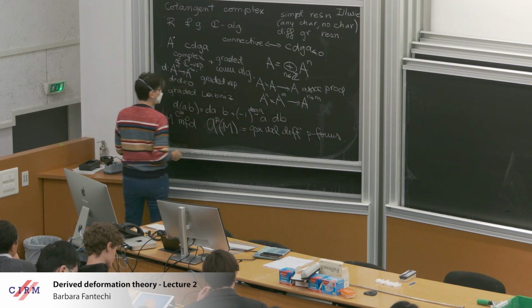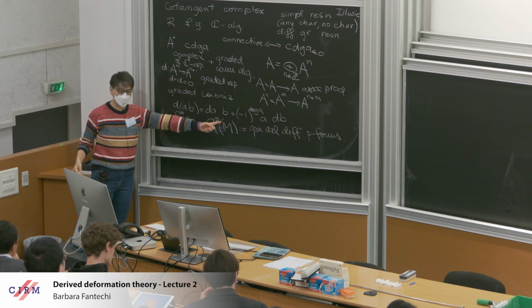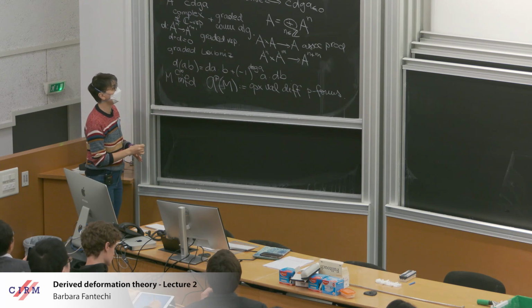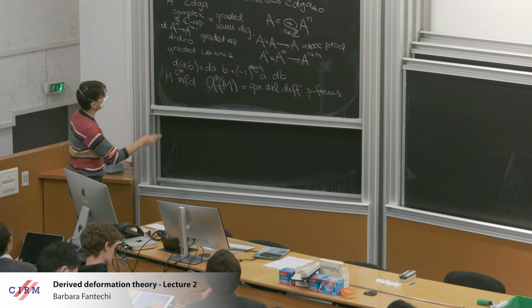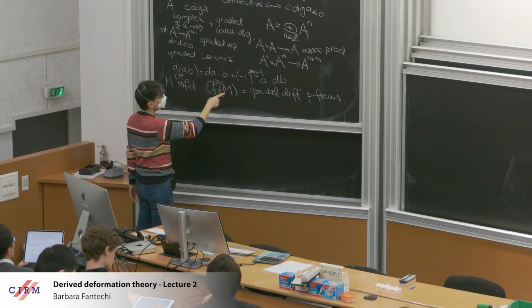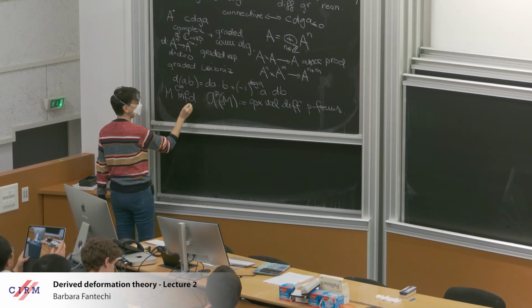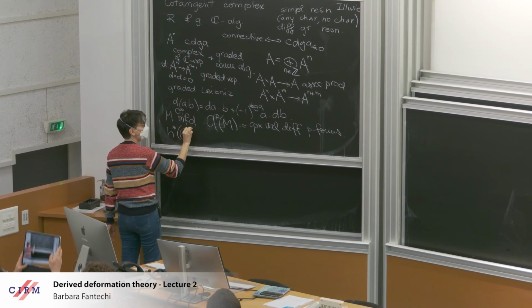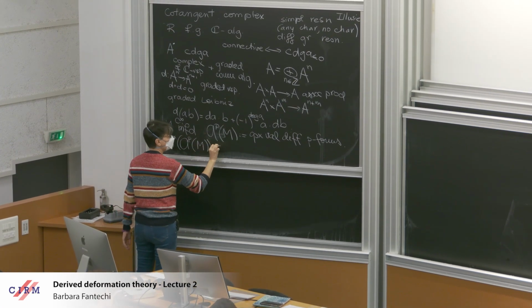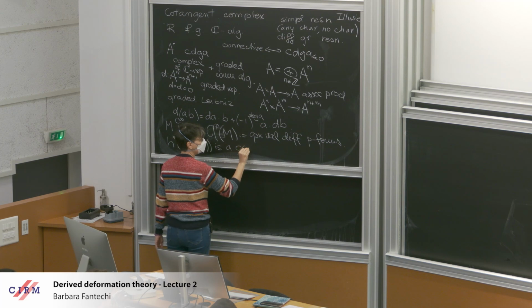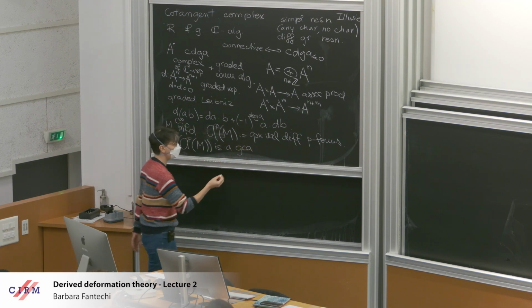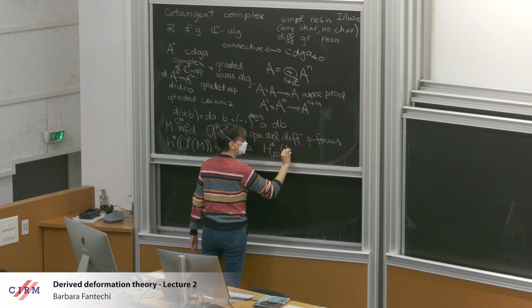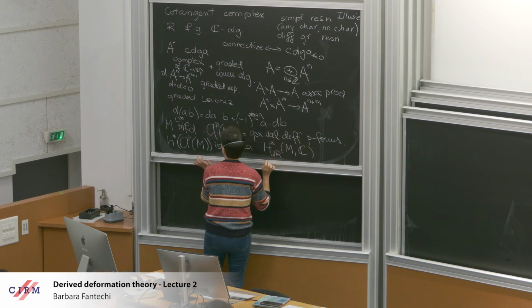With product the wedge product, and differential the differential of p forms. And what we can do is notice that in this case we know that this is a complex, and that the cohomology of this algebra is a graded commutative algebra, and it's the de Rham cohomology of M with complex coefficients.